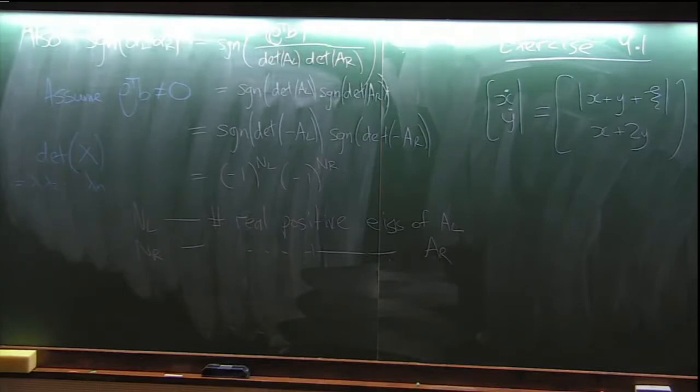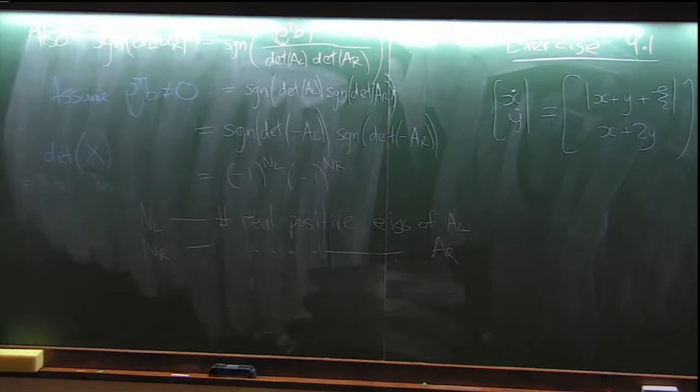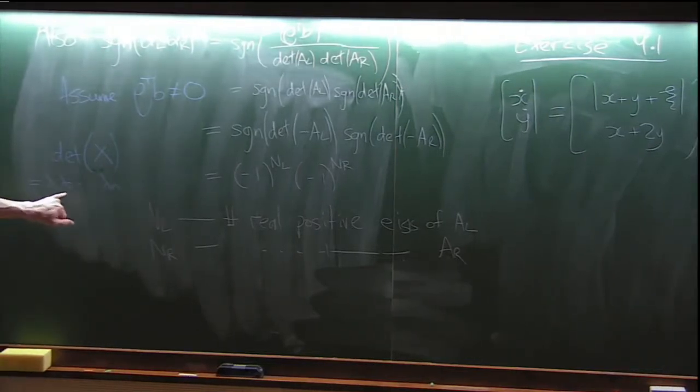Any complex eigenvalues come in complex conjugate pairs, assuming my matrix has real valued entries. If you have a complex conjugate pair of eigenvalues and multiply them together, you get a positive number. So the only way I can get negatives is with negative real numbers.